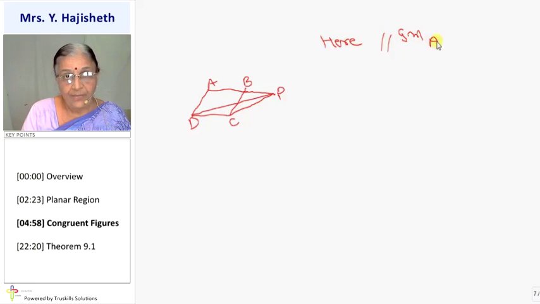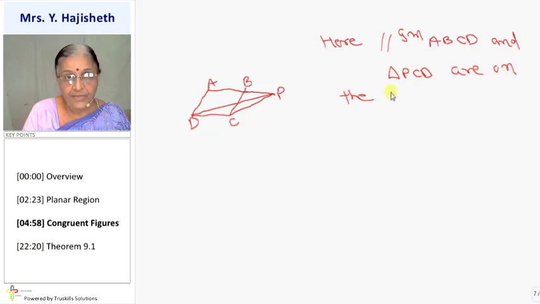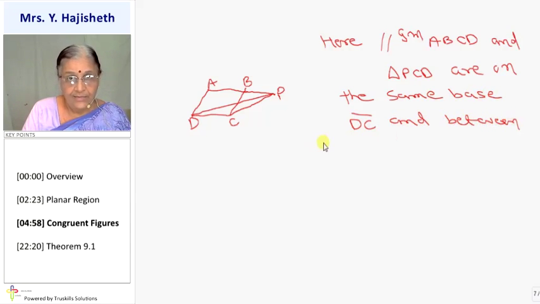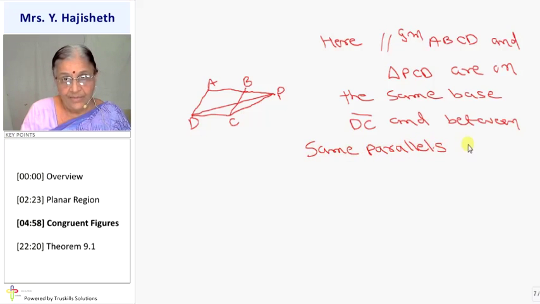Parallelogram ABCD and triangle PCD are on the same base DC and between the same parallels DC and AP.